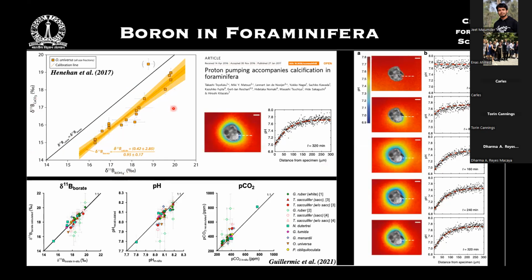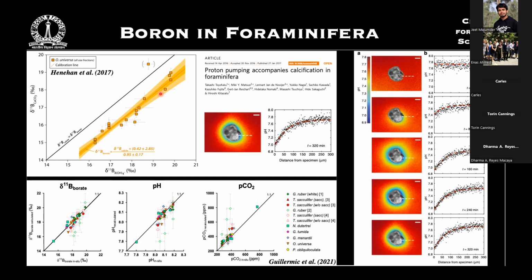One of the theories that has come forward is that Takashi's work has shown that forams are actively pumping protons out, so the pH of their microenvironment is not exactly the same as the pH of the ambient seawater. However, if this offset between the two pH values is constant, we will have a constant offset between the one-to-one line and the calibration line.